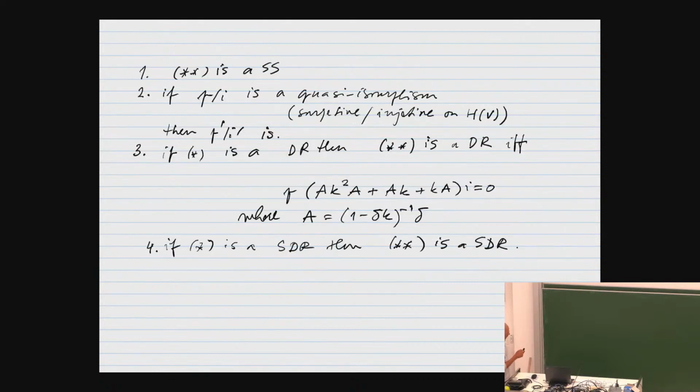Good. So the claim of the perturbation lemma is, as I said, that the perturbed data are again a standard situation if you started from a standard situation. Now, if your maps P and I are quasi-isomorphisms, so this means isomorphisms on the cohomology, the perturbed ones will be as well, and the same if P is surjective or I is injective, then the perturbed one will be too.